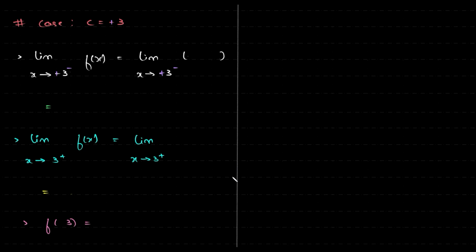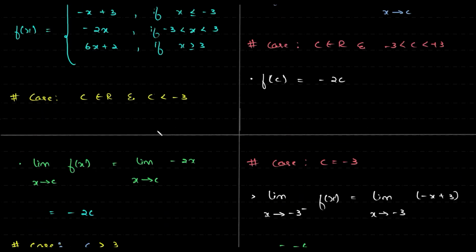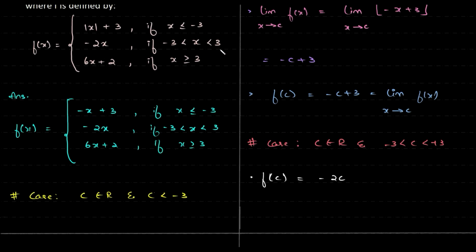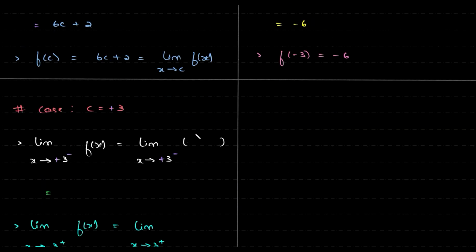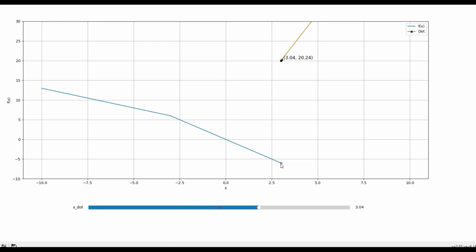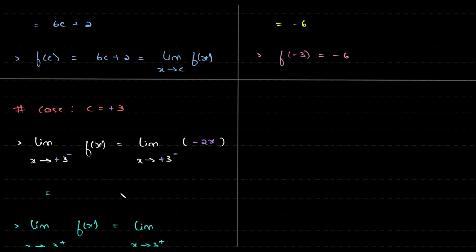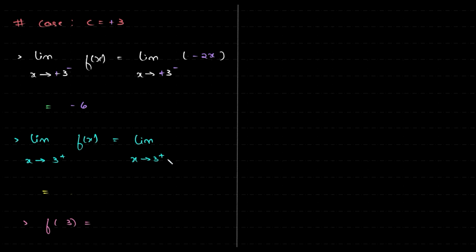Now, on the left hand side, the behavior is minus 2x. When we are approaching from the left hand side, it is minus 2x, and on direct substitution, I'll get minus 6. And on the right hand side, we have a different answer.